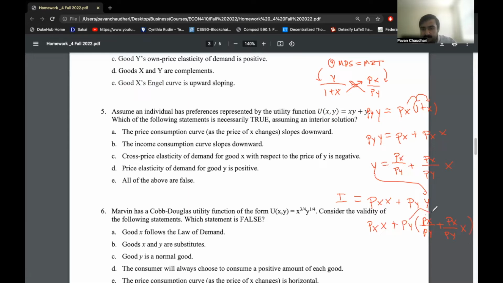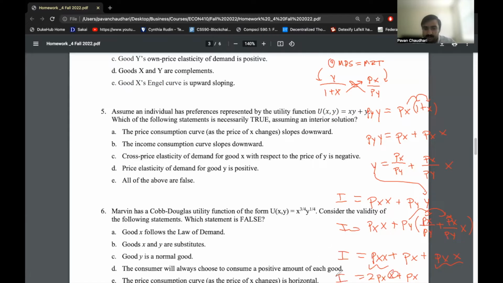And then we distribute the py. I equals px plus px x. Again, we have a px x here, we have a px x there, so px x plus another px x, that's going to be 2 px x. Then we need to solve for x, right?